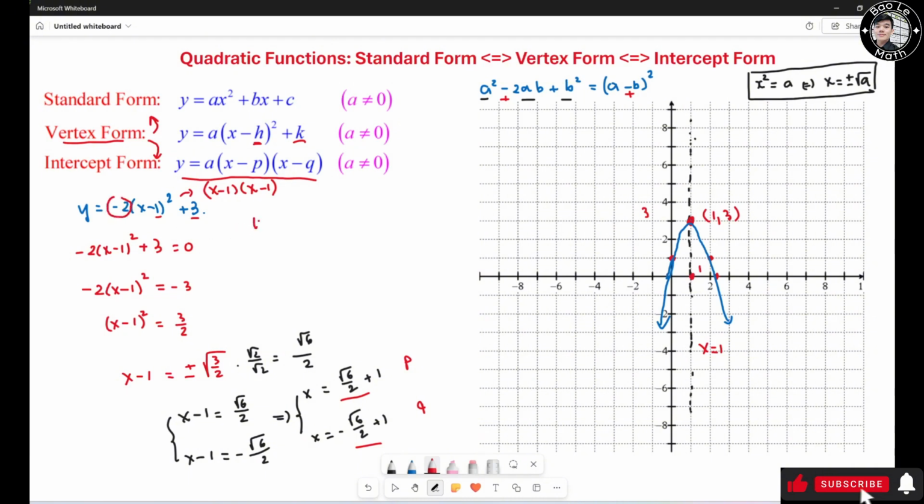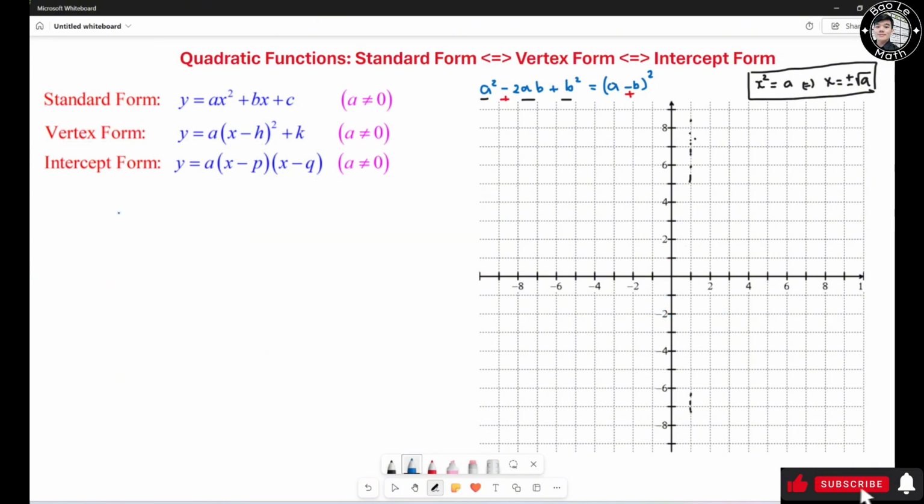So you just plug it in: y equals negative 2 times s minus parentheses root 6 over 2 plus 1, times s minus parentheses negative root 6 over 2 plus 1. Alright, and this is the intercept form. You can leave it like this, you don't need to distribute it, right?